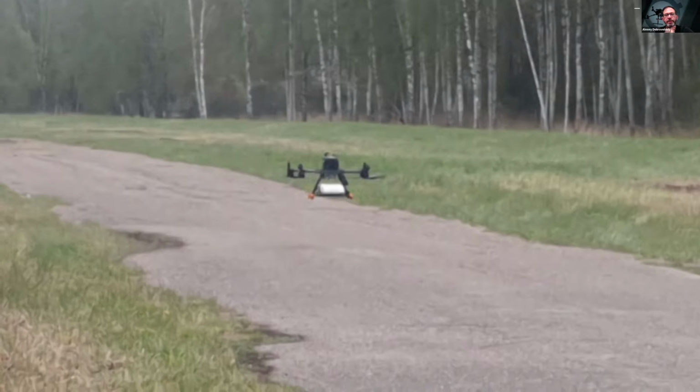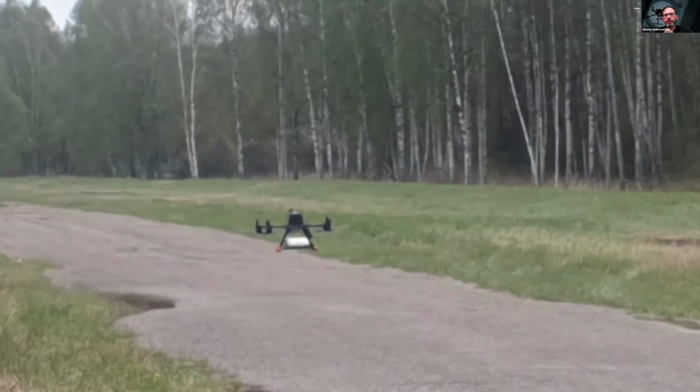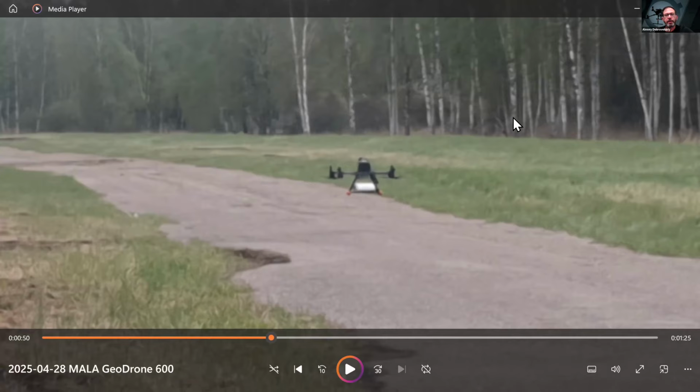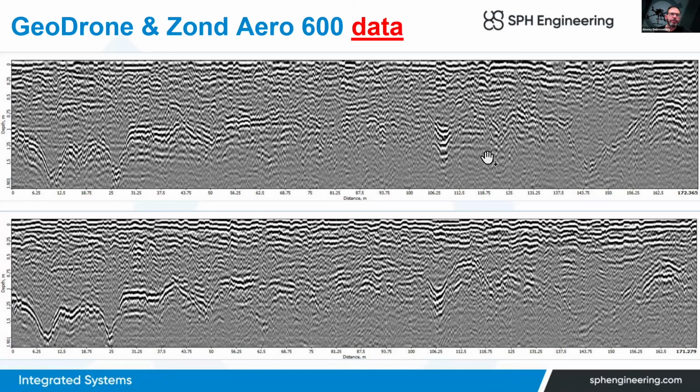So we can compare data collected using different GPR systems. So what did we get as a result? One of the data sets is collected using MALÅ GeoDrone, the second with Zontaira 600, and actually I forgot which data set is from which GPR system.